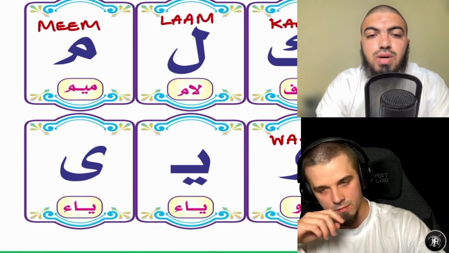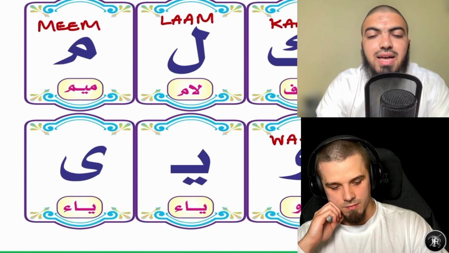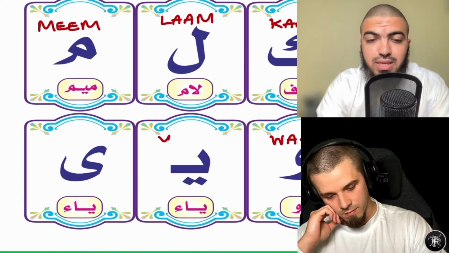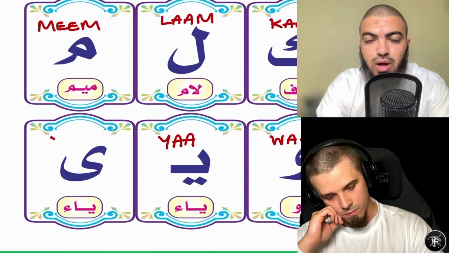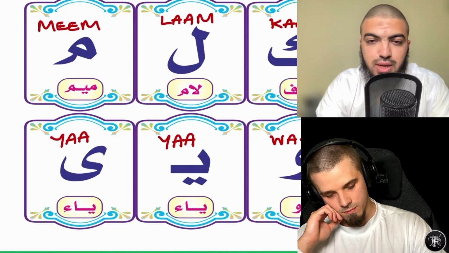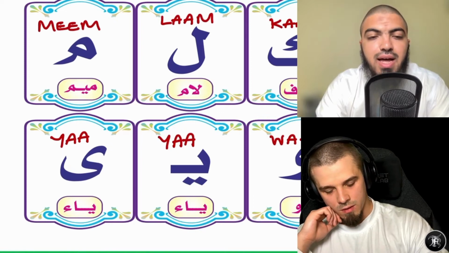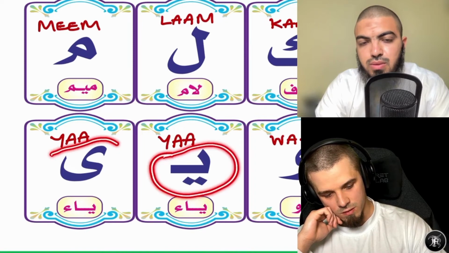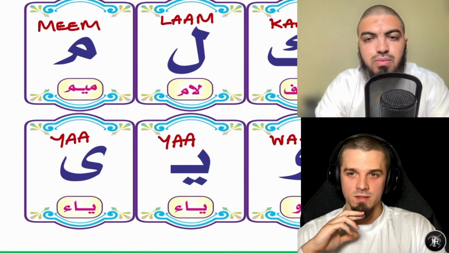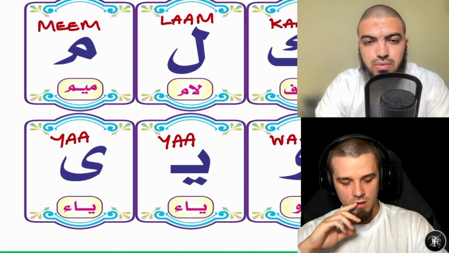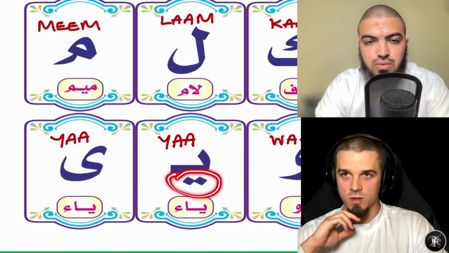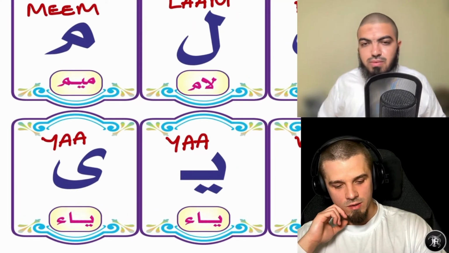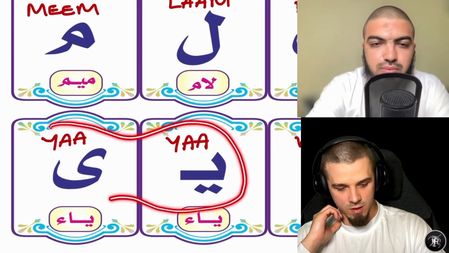The final letter is ya. They're both the same, but we will explain why it's written in 2 forms later on. So this one and this one is the same letter. Normally it's written with 2 dots. All you need to try and remember is that these 2 are the same letter.